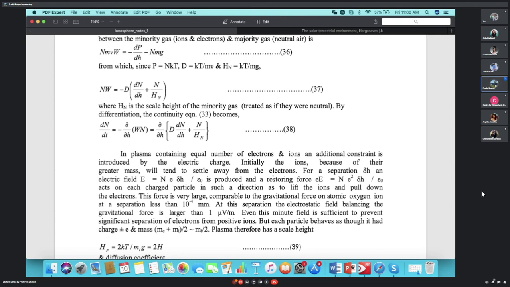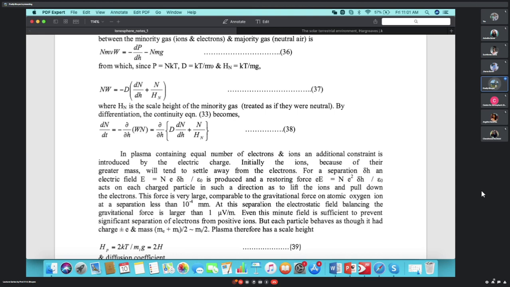Even if the charge separation is small, you will have an electric field equal to N e delta H by that constant. Because this electric field is set up, there will be a restoring force, which is multiplied by e.